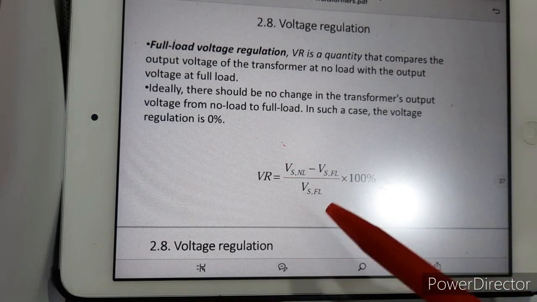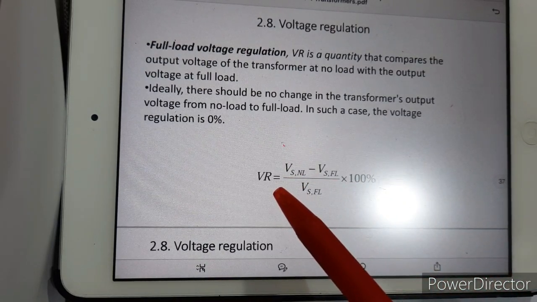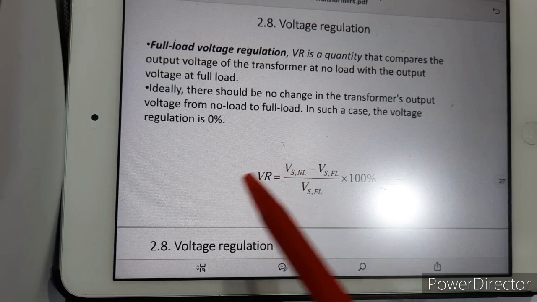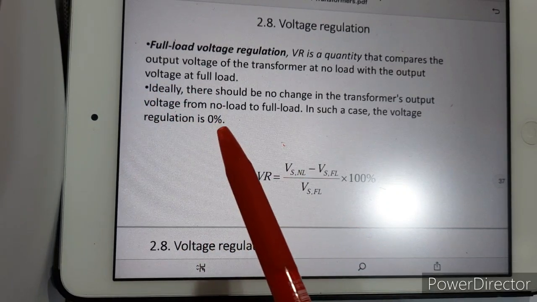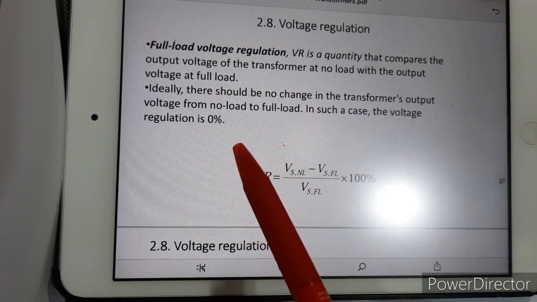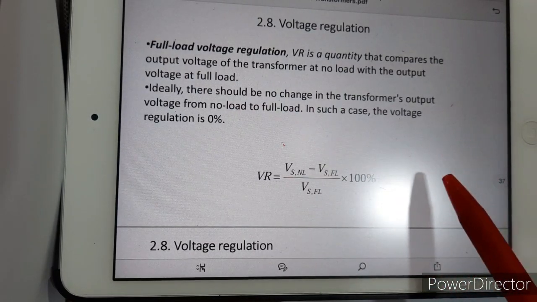Usually there will be some changes in voltage, but for good voltage regulation, the change is not high. So for the ideal condition, the voltage regulation is 0%, meaning that the voltage during no load condition equals the voltage during full load condition.